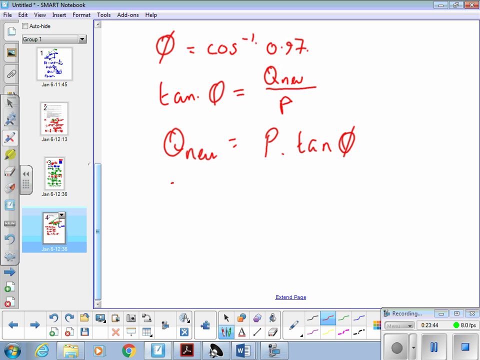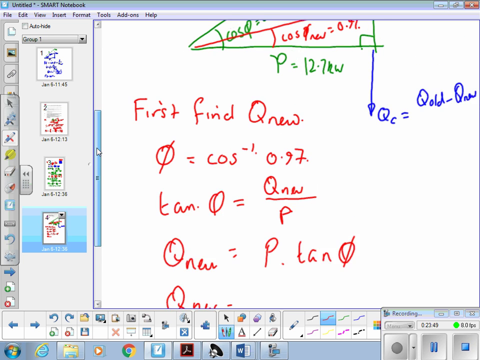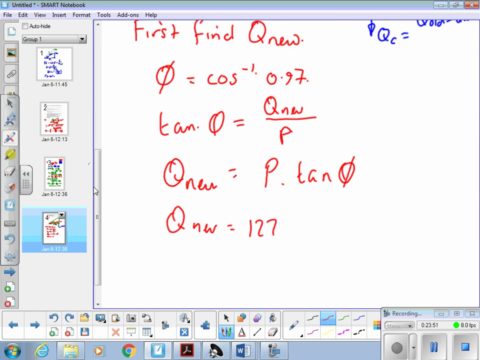So we then go Q new is equal to 12,700 times the tangent of cos to the -1 of 0.97, and do it all in one go. The answer to that is 3.9. I didn't put cos -1, you found the angle and then did it.